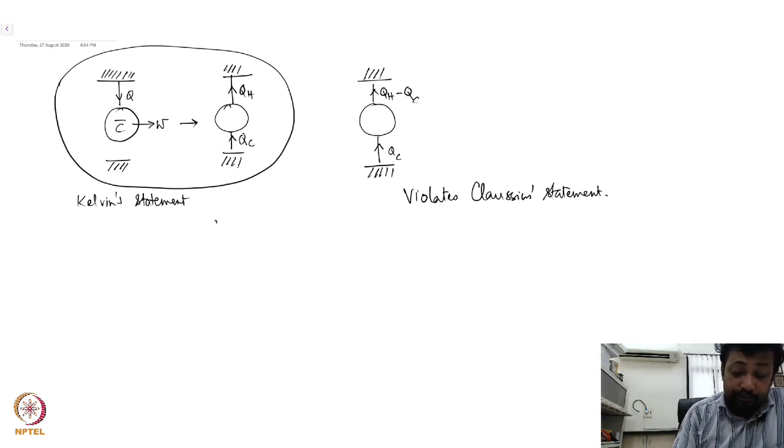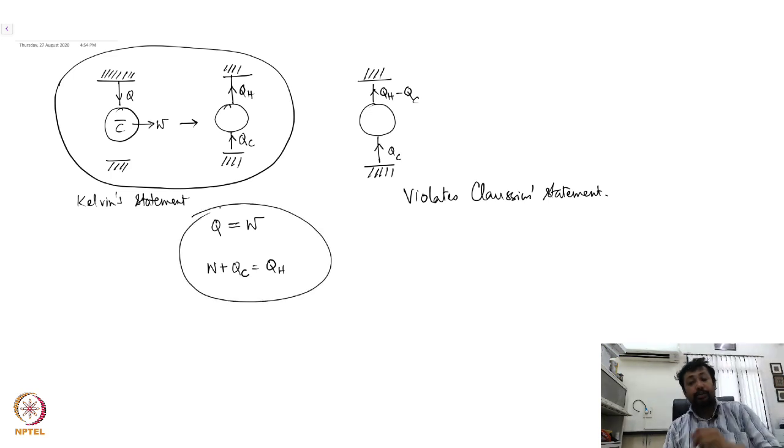Please note that the conservation of energy should give you Q equal to W, and W plus QC equal to QH. So these two should give you that this violates Clausius statement. So essentially, if you violate one statement, you violate the other statement, right?